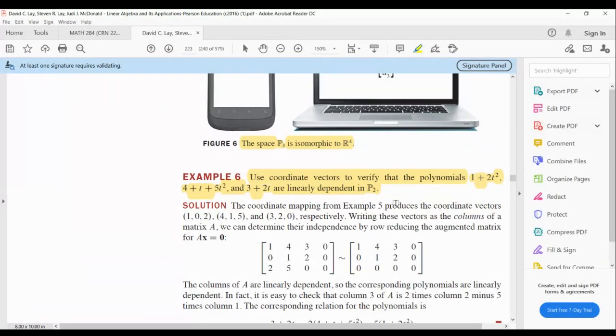I might have said independent, dependent. So how can you show that? Well, they write down the vectors corresponding to each polynomial. They have that here in this matrix. So let's make sure you're comfortable with that.